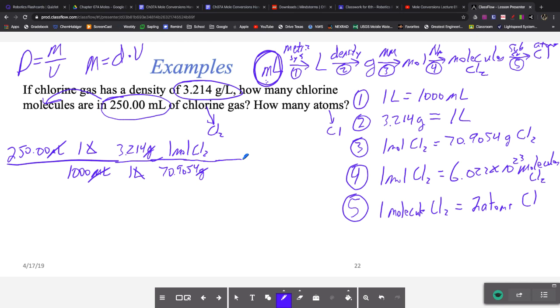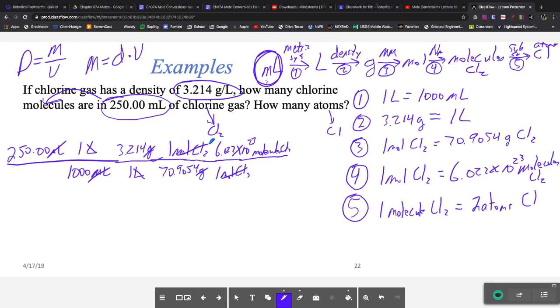And then we're going to use Avogadro's number to change it to molecules. So 1 mole of Cl2 is equal to 6.022 times 10 to the 23rd molecules of Cl2. So moles of Cl2 cancel. And then that answers the first question.